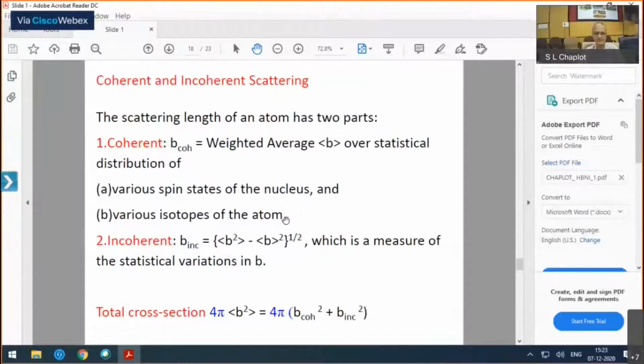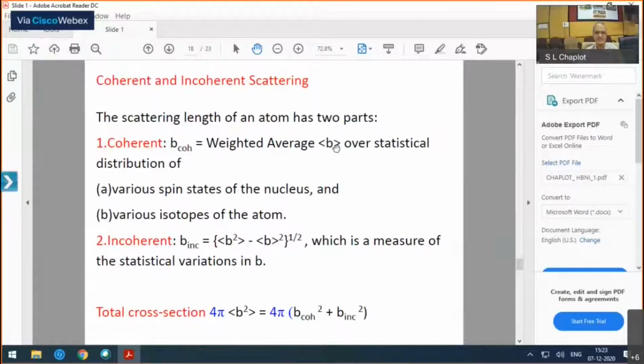Similarly, in a solid, there are various isotopes with different concentrations. For a given atom, we don't know which one it is, so there is a distribution of the spin states as well as a distribution of isotopes depending on their occupancies. So this is a kind of disorder at every atomic site, and that gives some statistical distribution of the scattering length.